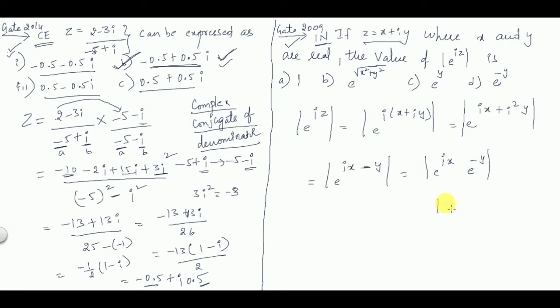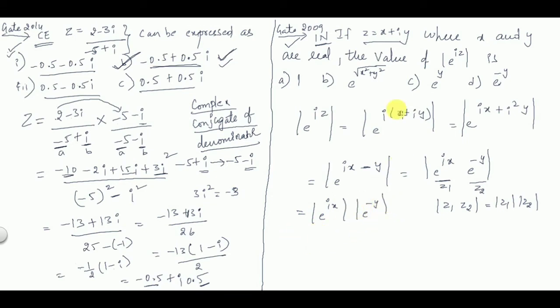We know that modulus of z1 z2 is equal to mod z1 into mod z2. This total is z1, and this complex number is z2, so you can write it as modulus of e power ix into modulus of e power minus y.